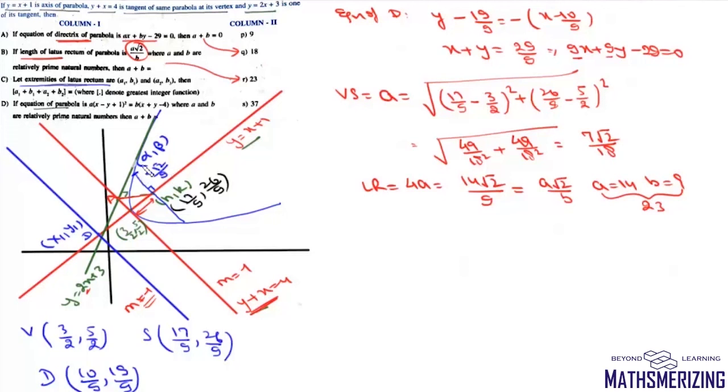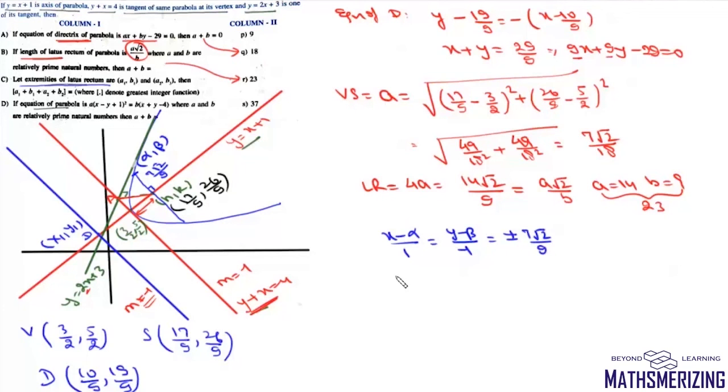So we'll find the foot of perpendicular from this point alpha beta on this line, which actually is the focus. So we can write this as (x minus alpha) upon 1 equals (y minus beta) upon minus 1 equals this distance. Now we can have 2 points, one up and one down, so we can write it as plus minus 7 root 2 by 9.